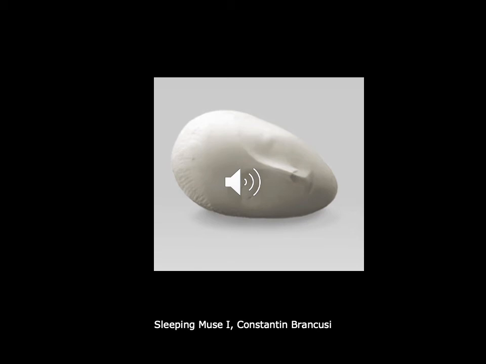What do we have, if we have anything spiritually revealed in Sleeping Muse? Brancusi worked for 20 years with this idea of a sleeping head shape on its side. Again, as I mentioned, different media, and he also worked with plaster in addition to bronze and marble.